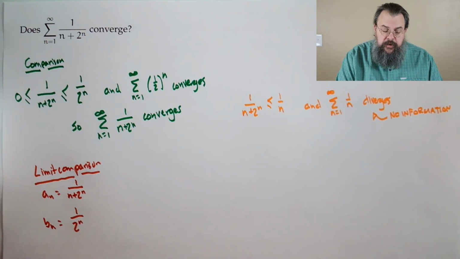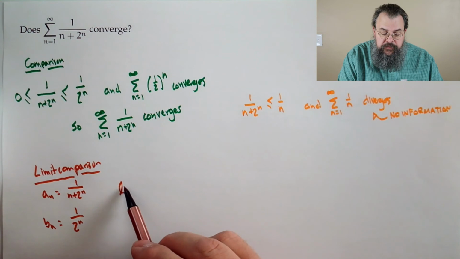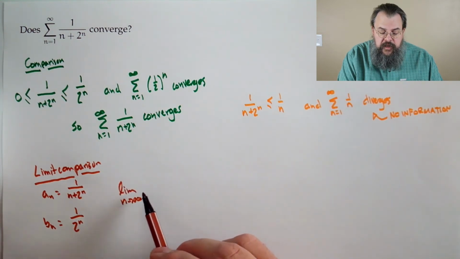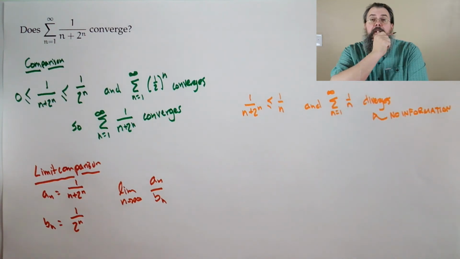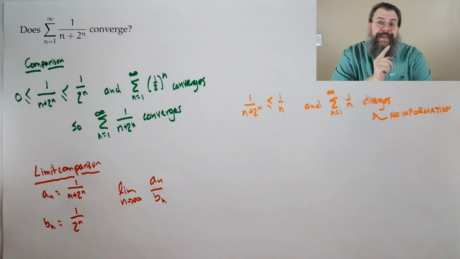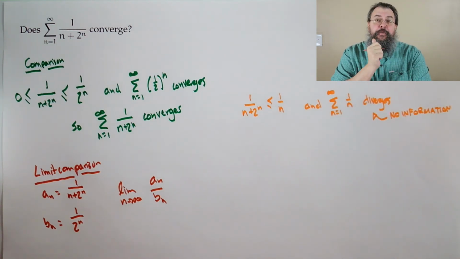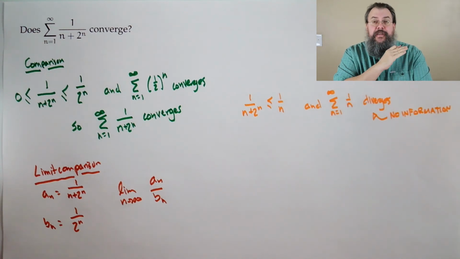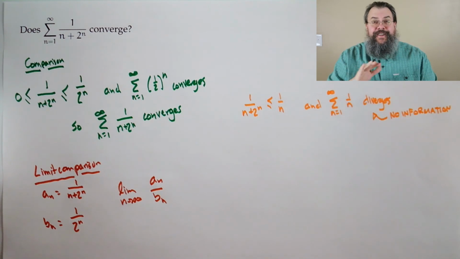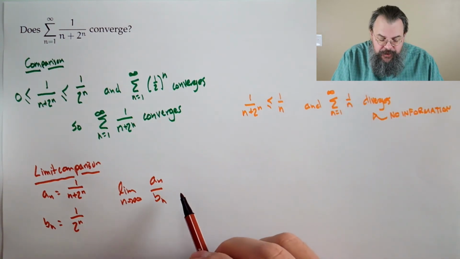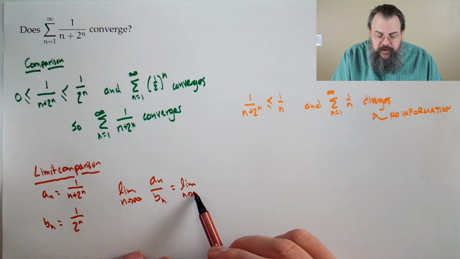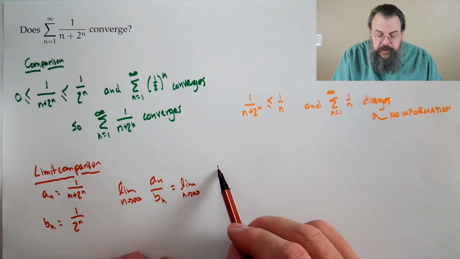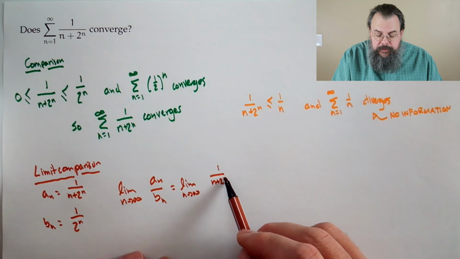And now we look at the limit as n goes to infinity of a sub n over b sub n. As long as you do this properly, when you knock out the lower order terms, this is going to go to 1. And if it doesn't go to 1, you didn't knock out the lower order terms. Why? I'll say this a couple of times, and hopefully we'll be like, okay, I'm convinced.